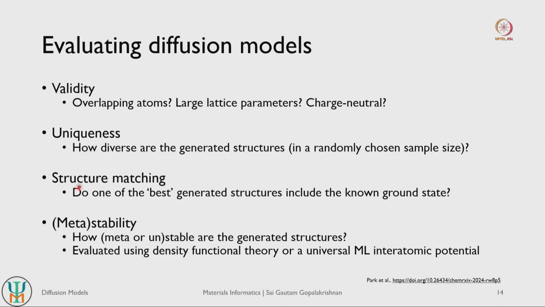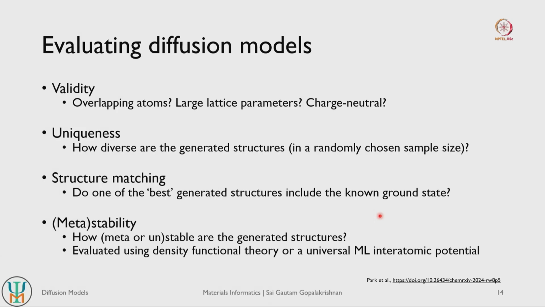The third is structure matching, and this is especially good if you have some label data. So let us say you already know which is the ground state configuration for a given composition. Do the diffusion models that you are testing, at least one of the sample structures that they generate, include this known ground state?